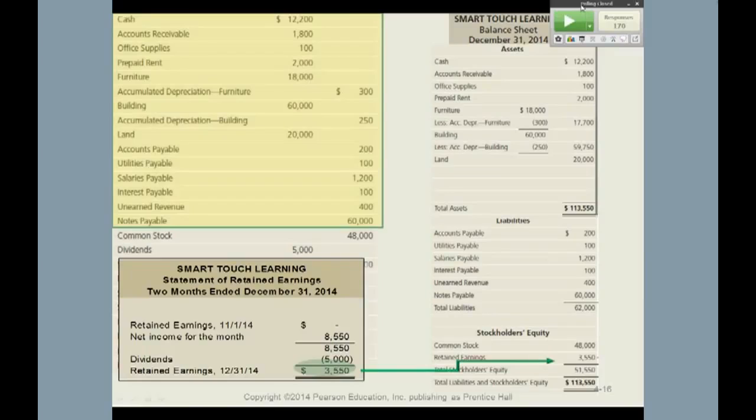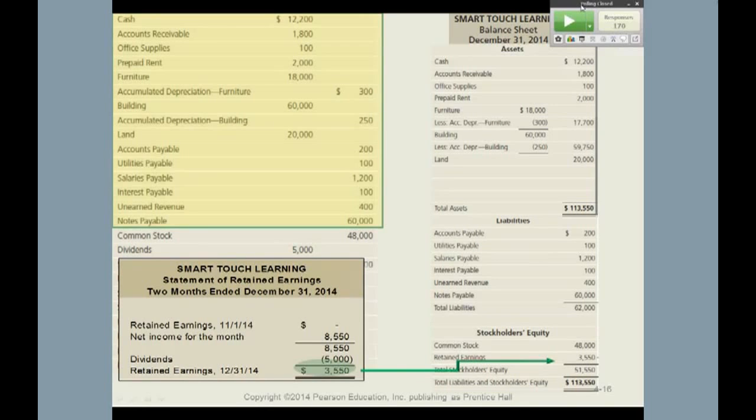That's the way it has to be reported, and the net amount is called the net book value. So for example, if you have furniture of $18,000 and the accumulated depreciation is $300, that is $17,700. That is known as the net book value of the asset. The net book value of the asset is the cost minus the accumulated depreciation.